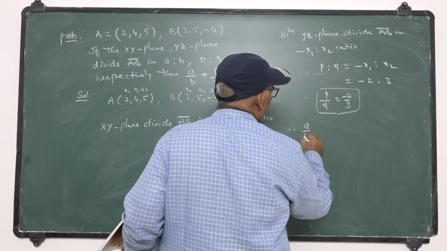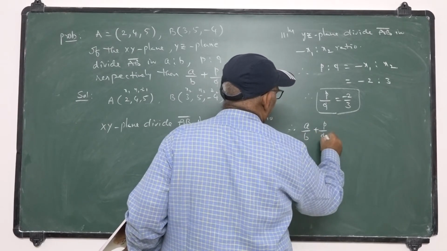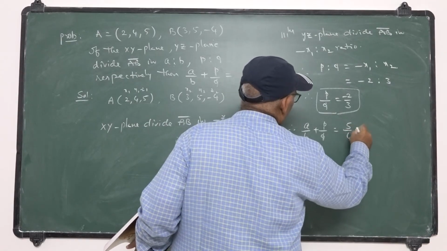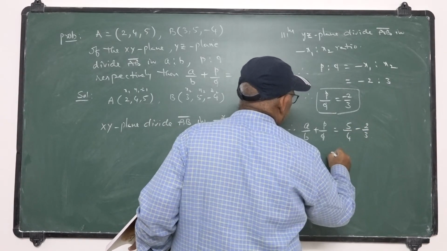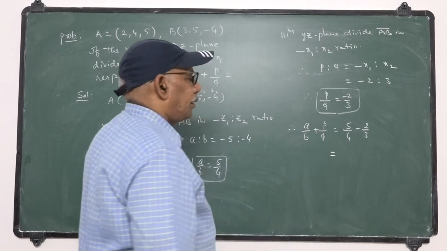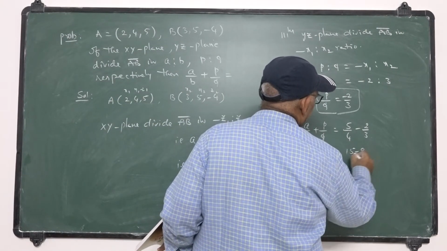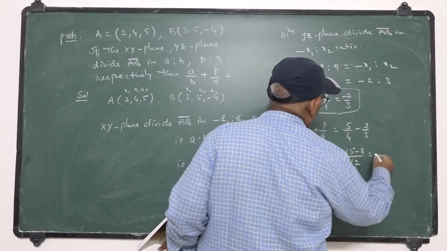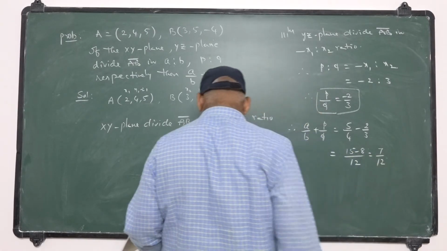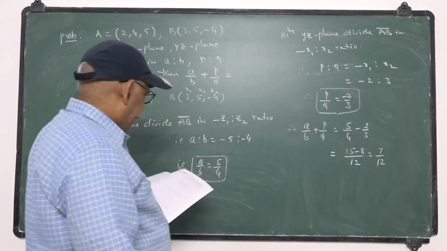Therefore, 5 by 4 minus 2 by 3 gives 15 minus 8 by 12, which is 7 by 12, the required ratio.